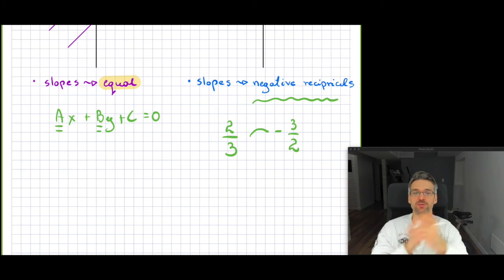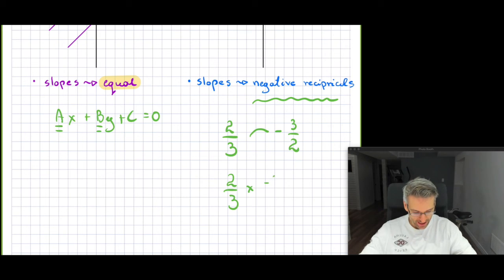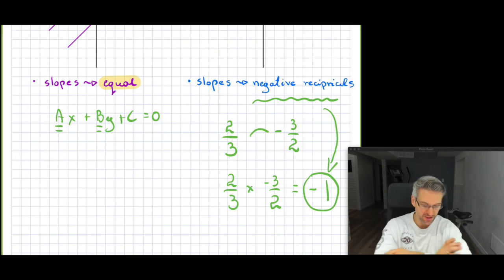And when you multiply the 2 slopes, it gives you an answer of -1. So for instance, if I take 2 over 3 as one of the slopes, and I multiply it by -3 over 2, notice that the answer is actually -1. So checking for negative reciprocals with slopes means that when you multiply them together, they should have a product of -1.